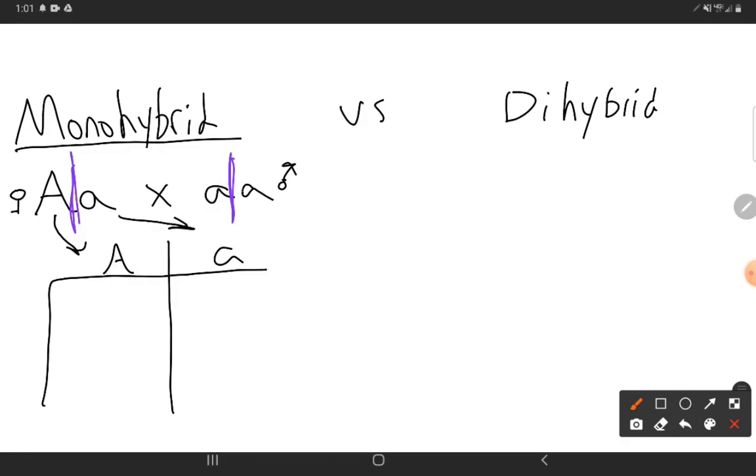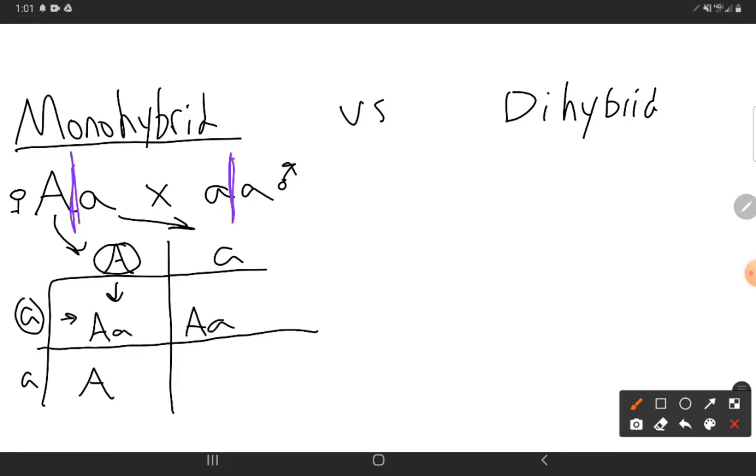Then we take the father's, and he makes these sperm that have these genotypes, and they are also haploid. Then egg and sperm meet together, and they create zygotes, all of which here would be heterozygous. And so that is a monohybrid cross.